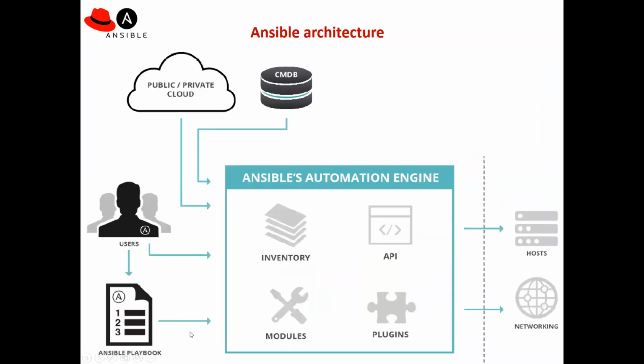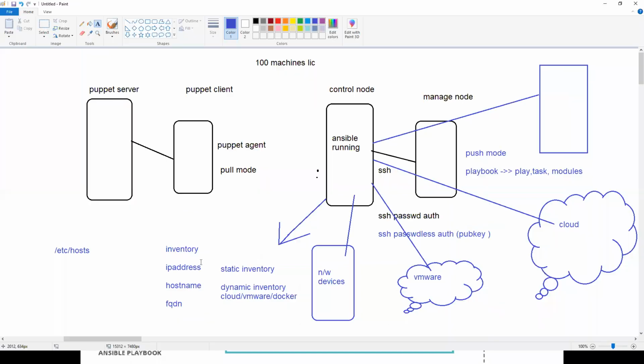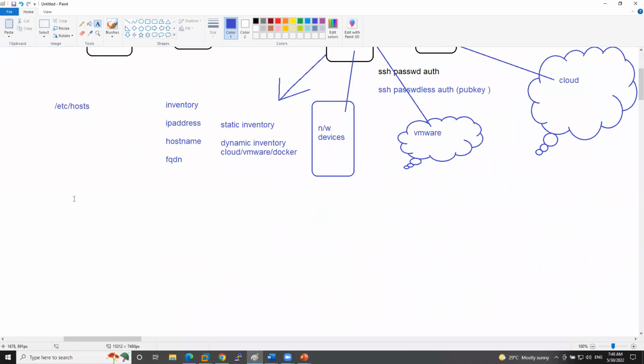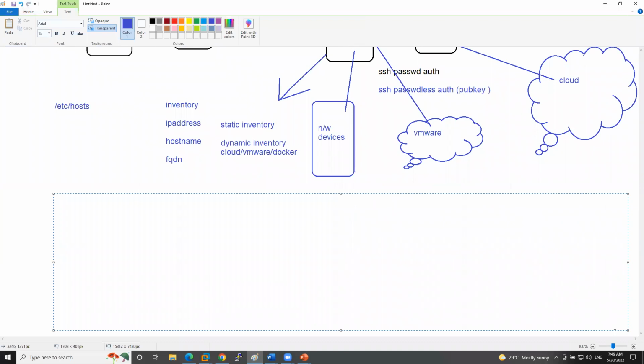Then let me talk something about the playbook. We already discussed the playbook. As you know, I told you already, the extension of the playbook should be .yml or .yaml, right? And it should start with three dashes and end with three dots. That is a very important thing.